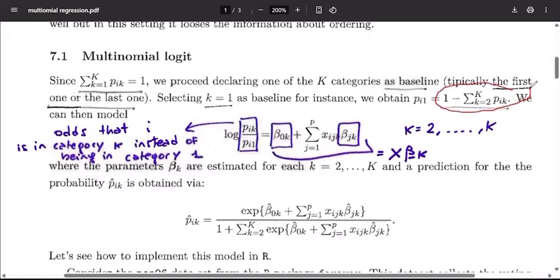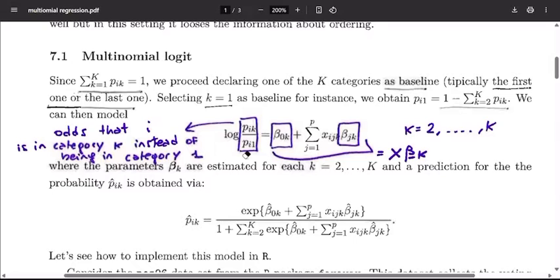Now, how does the multinomial logistic model work? How is it different from binary logistic? In binary logistic, the logit is log of pi divided by 1 minus pi.